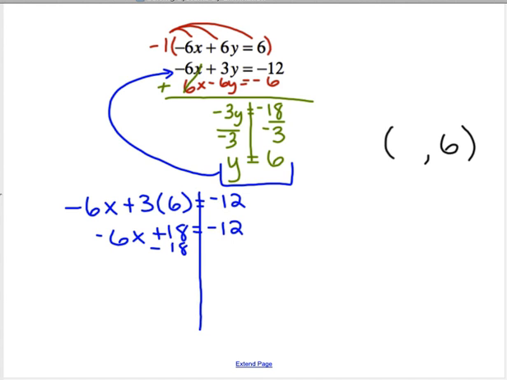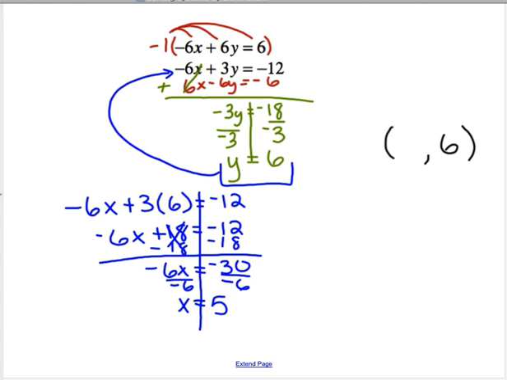I'm going to subtract 18 from each side. Negative 6x equals negative 30. Divide both sides by negative 6. x equals 5. So now I have found my solution, 5 and 6.